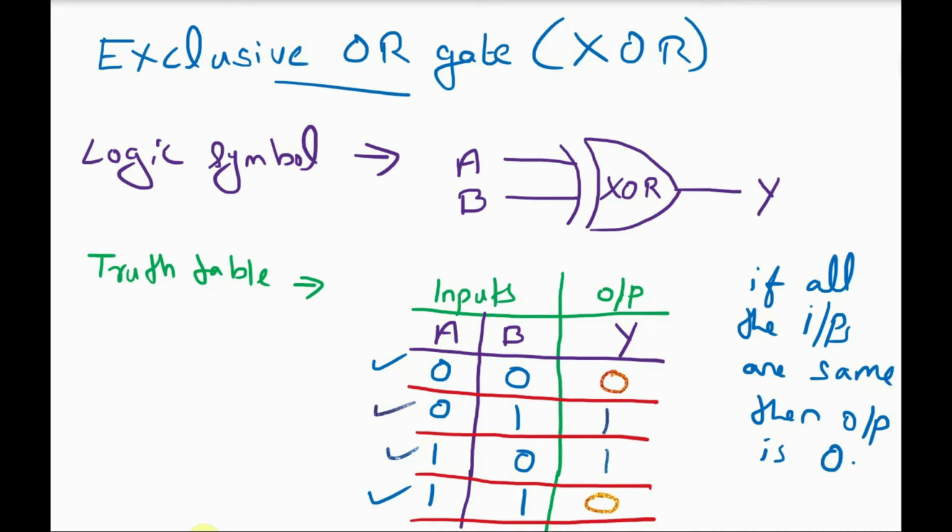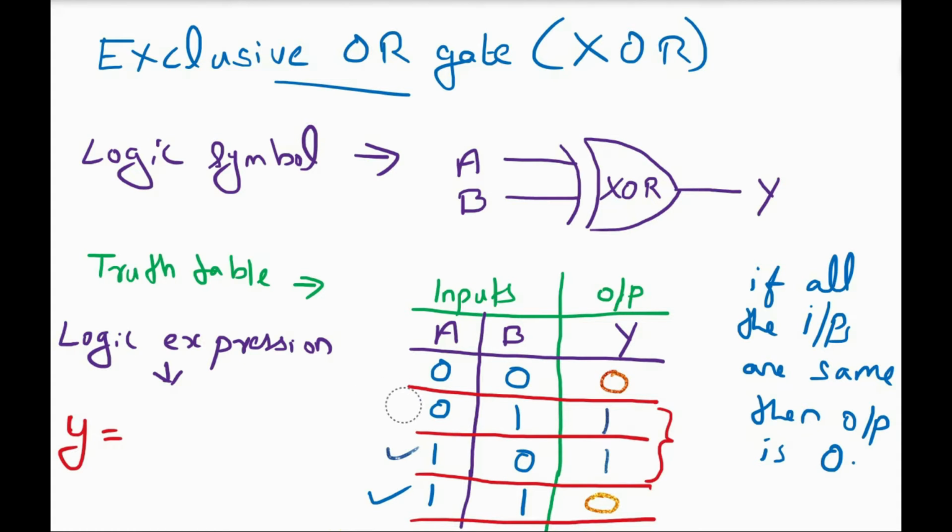We want to find the logic expression. Logic expression is expressing the output Y in terms of inputs. Here the output is high in these 2 conditions for XOR gate.